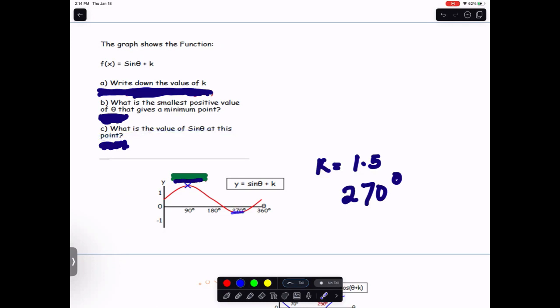Trace it to this graph here. So the value of sine theta at that point is minus 0.5. So we have our y value there as minus 0.5. Okay, I hope you understand that concept.